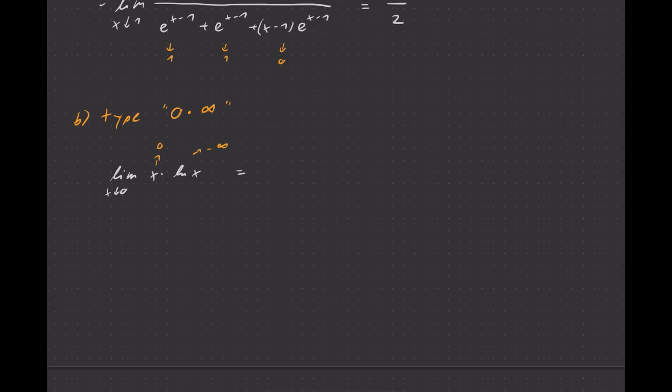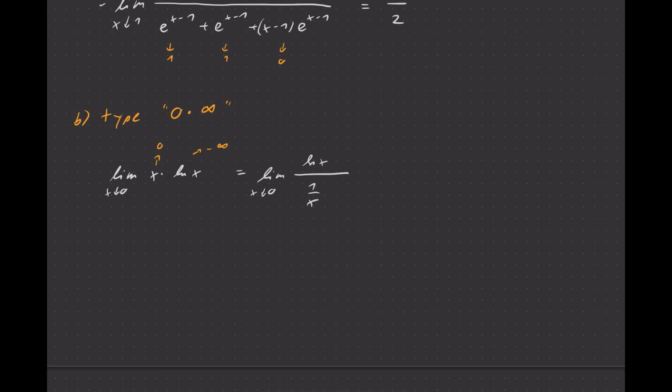And that can be easily turned into a L'Hopital application by a simple reformulation. So this is the same limit as, we'll just leave that ln as it is, and instead of multiplying by x, we divide by 1 over x. And of course, that is the very same situation.